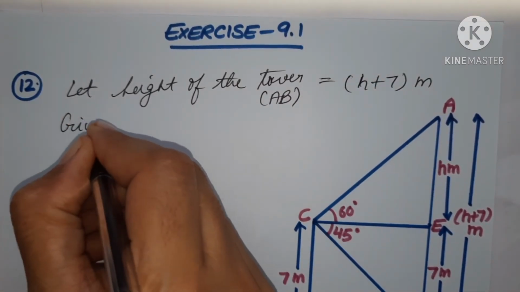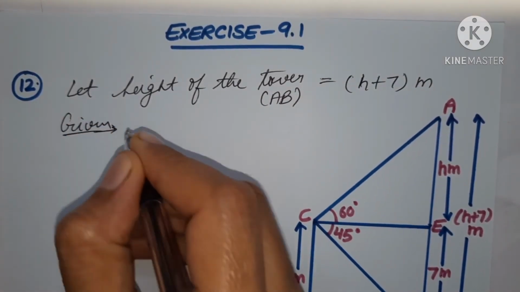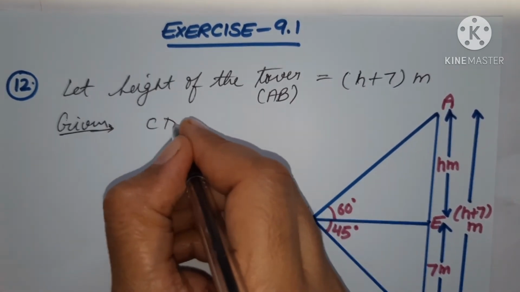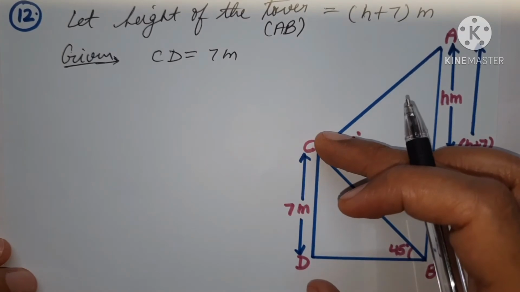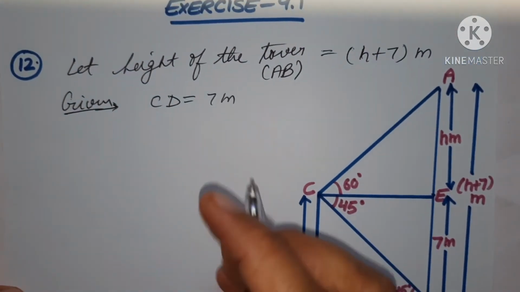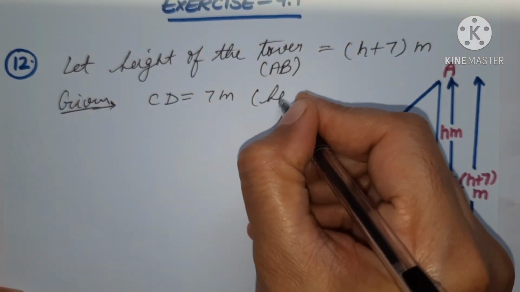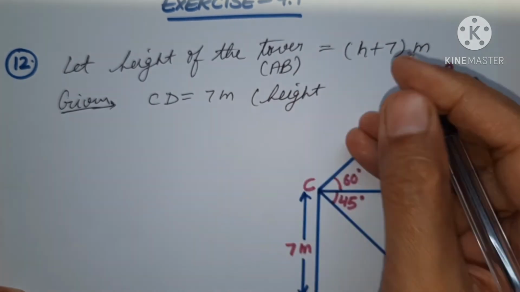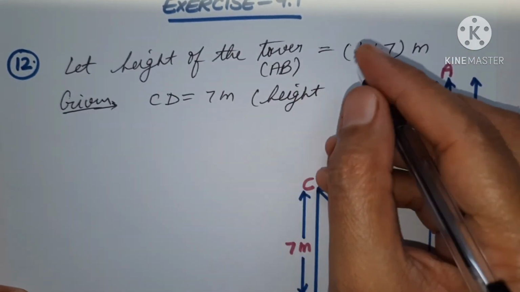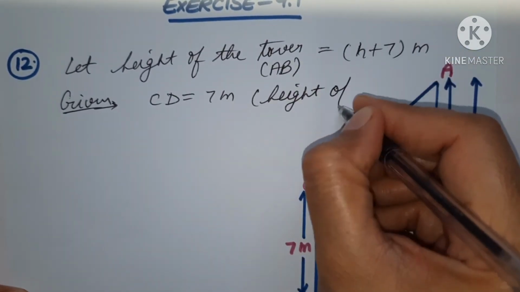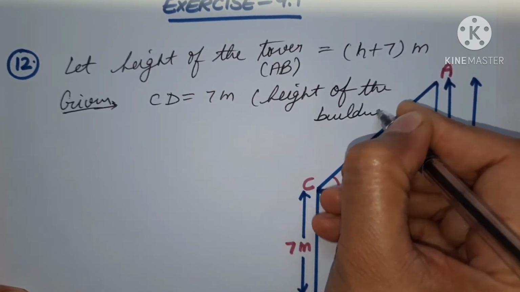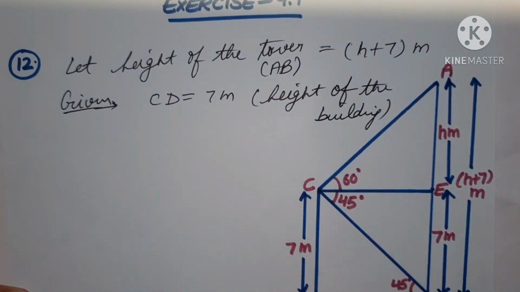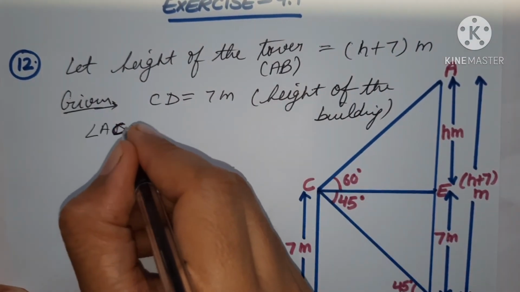And the given thing in this question is CD is equal to 7 meter. This distance CD is 7 meter, and we have to mention what CD is here. CD is the height of the building. Angles are given.